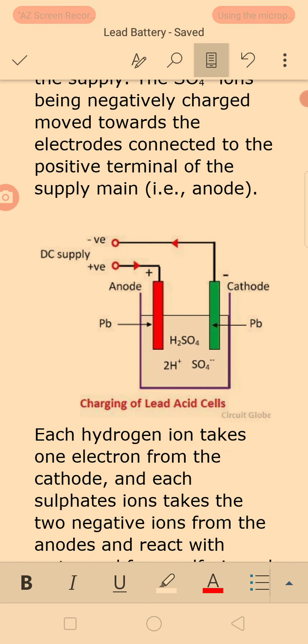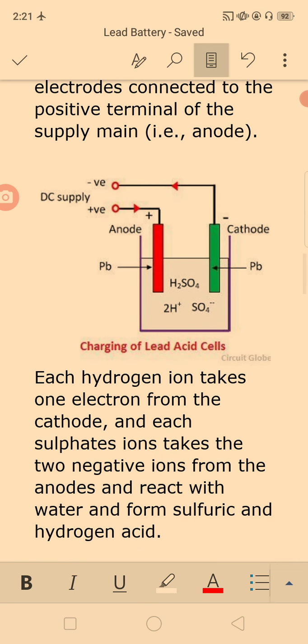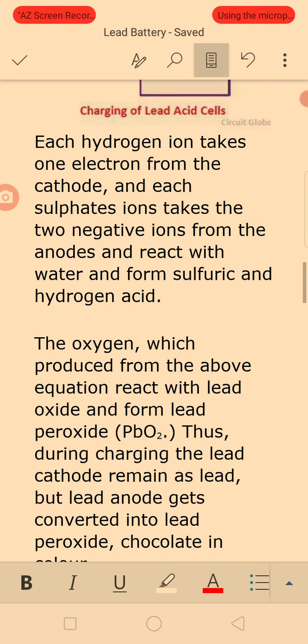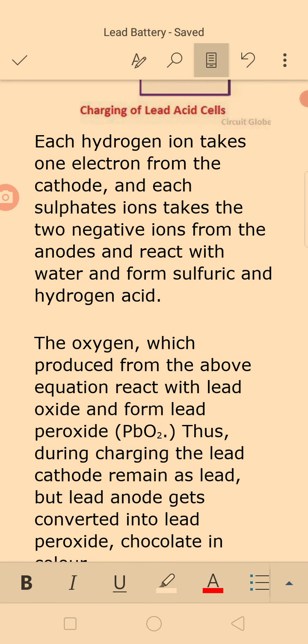Each hydrogen ion takes 1 electron from the cathode and each sulfate ion gives up 2 electrons at the anode, and they react with water to form hydrogen and sulfuric acid. The oxygen produced from this reaction reacts with lead oxide and forms lead sulfate and lead peroxide.